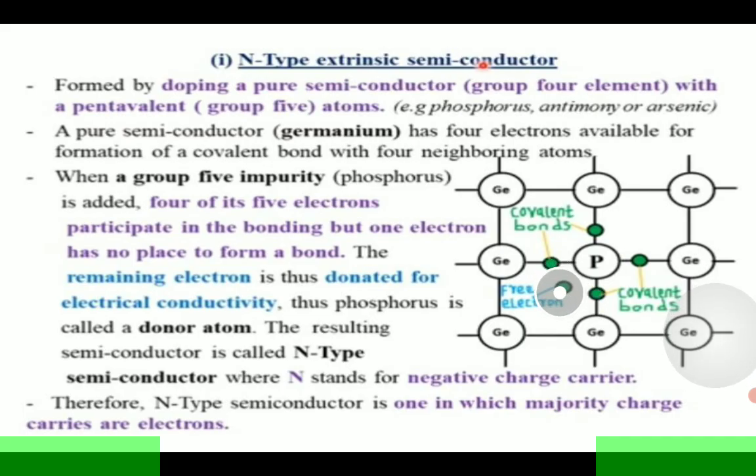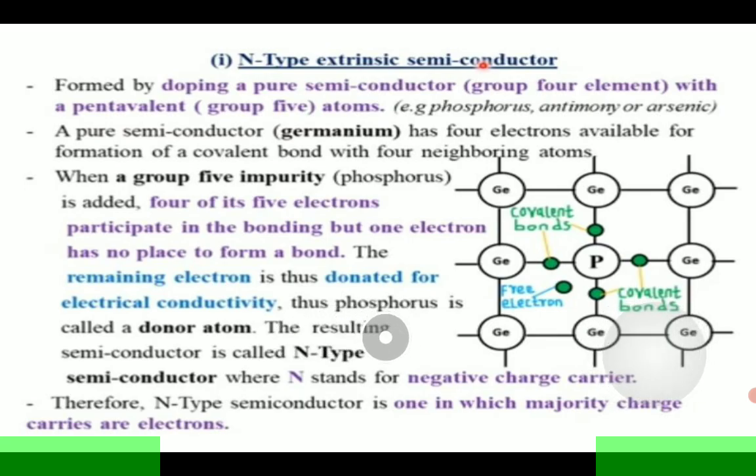So this electron which remains unbonded is going to be free, it's going to be available for conduction. And since this electron is coming from phosphorus, the doping element, the electron will make phosphorus a donor atom.